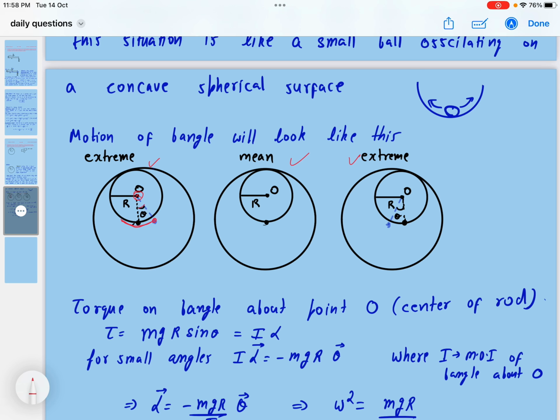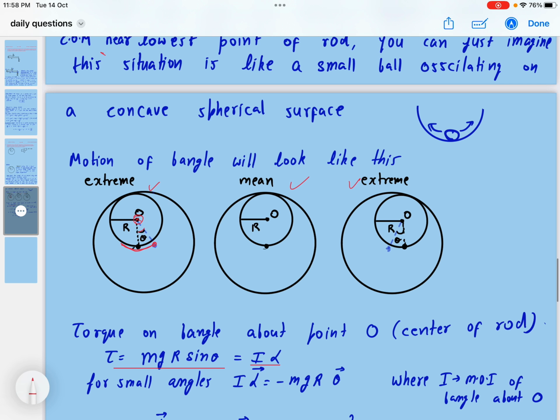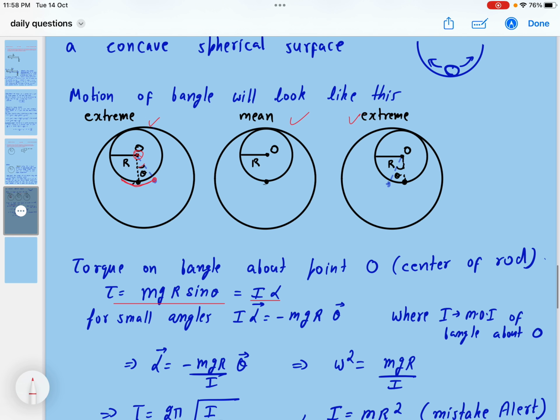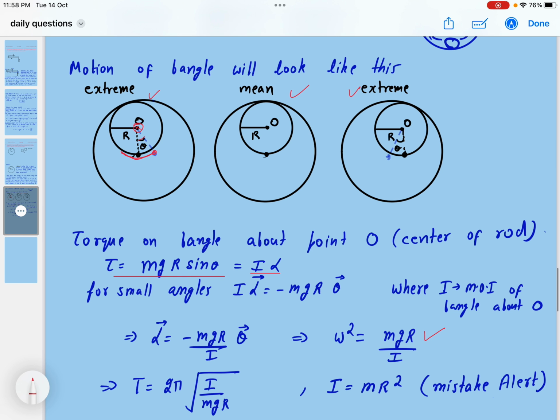For any small angular displacement theta, the torque will be mgr sin theta. So we can write that equal to I alpha, where I is the moment of inertia of the bangle about point O. Then omega squared is mgr by I, so the time period of oscillation will be 2 pi root I upon mgr. Here I will be mr squared.